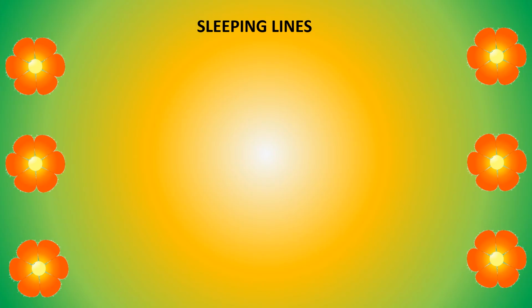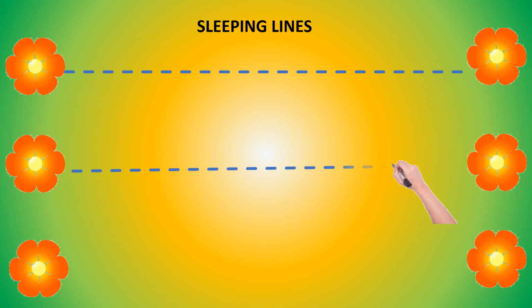Now once the kids have learned the sleeping line, after that parents can draw some flowers on both the sides and the kids can match it again to draw the sleeping line. Like this, when they match it, then it will be a sleeping line. Once again, this is a sleeping line.